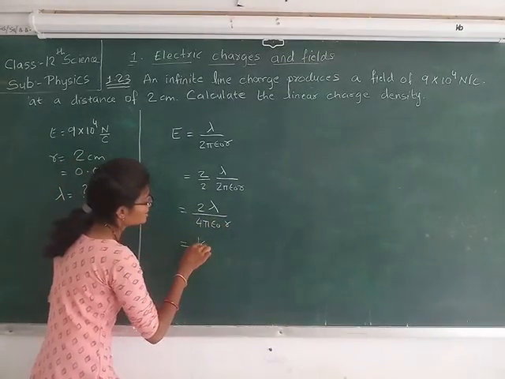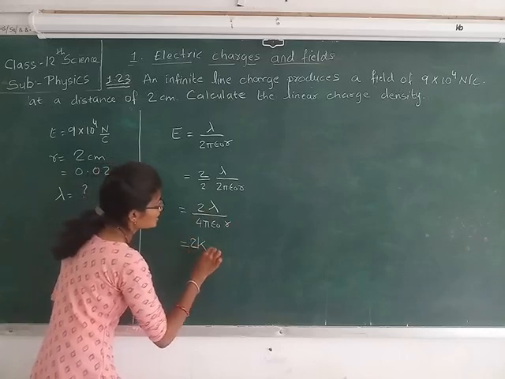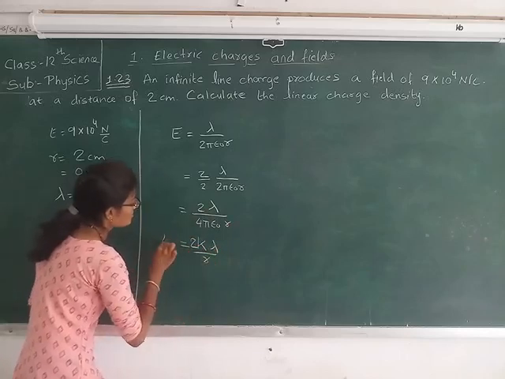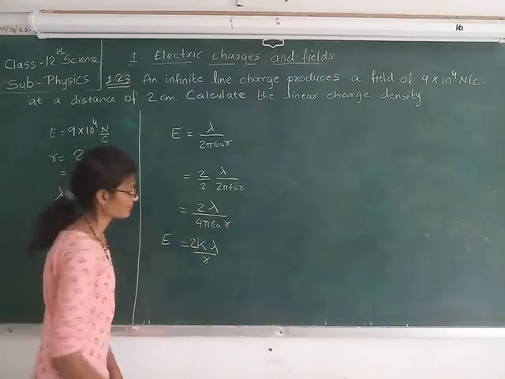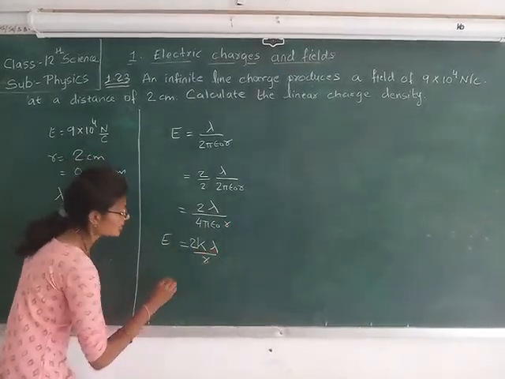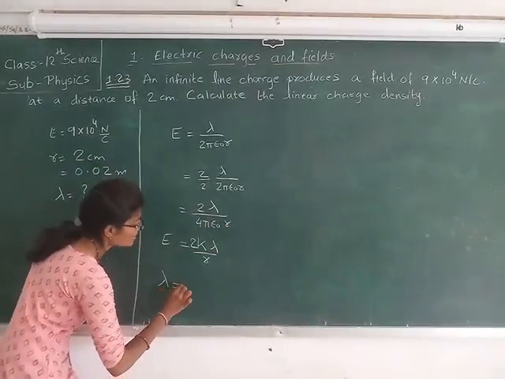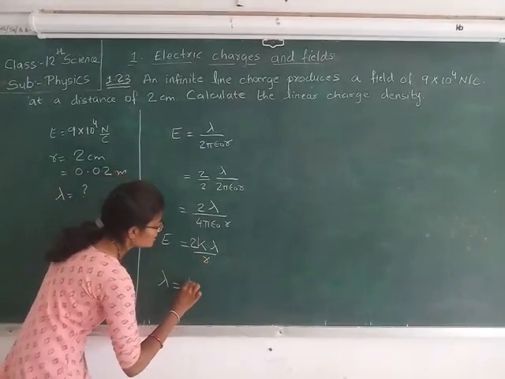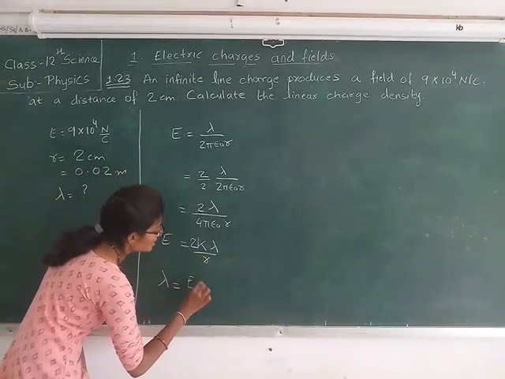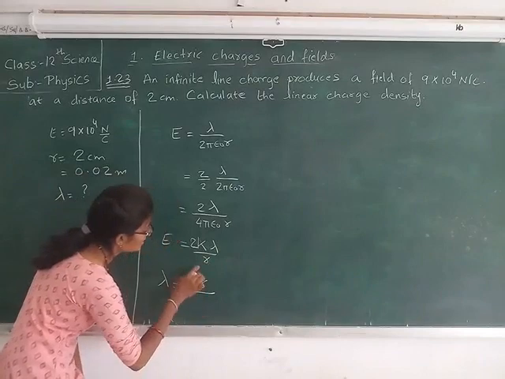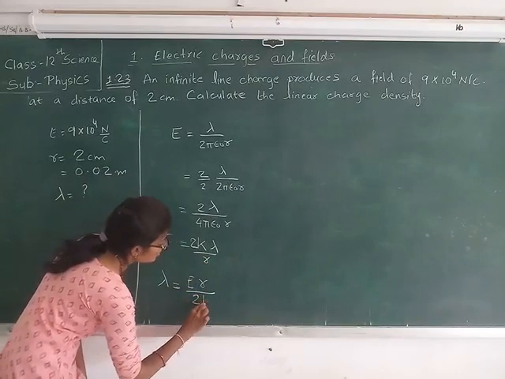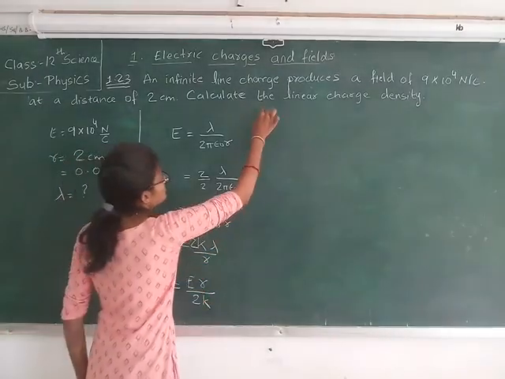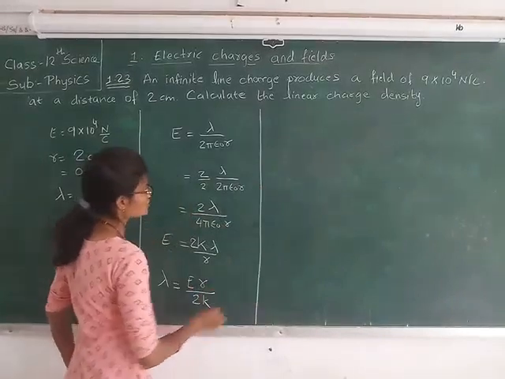So writing that, 2k lambda by r is equal to E. Here we need to find lambda, so taking lambda as subject, lambda equals E into r upon 2k.